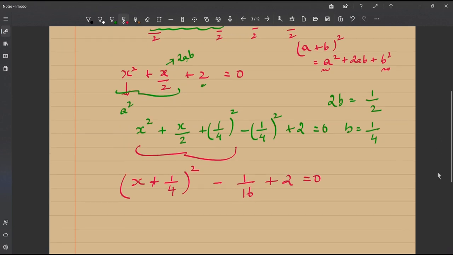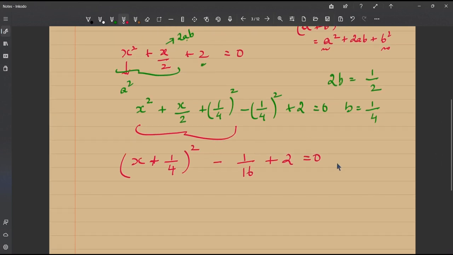Let us shift the constant terms to the RHS of the equation, because our ultimate aim would be to find a solution for x. So in order to do that, we shift it to the RHS. So it becomes 1 by 16 minus 2, right?